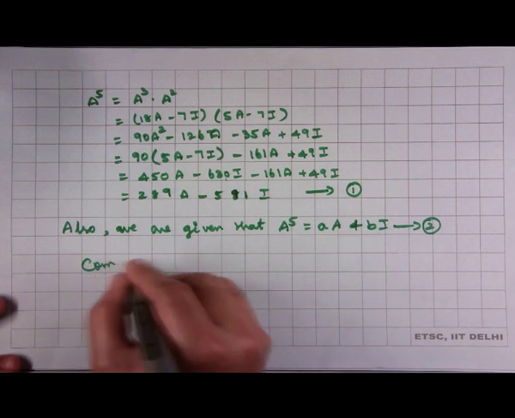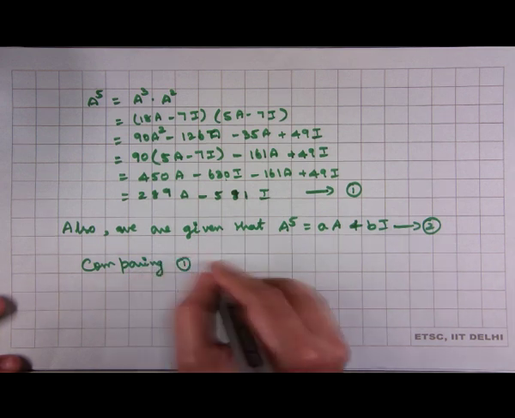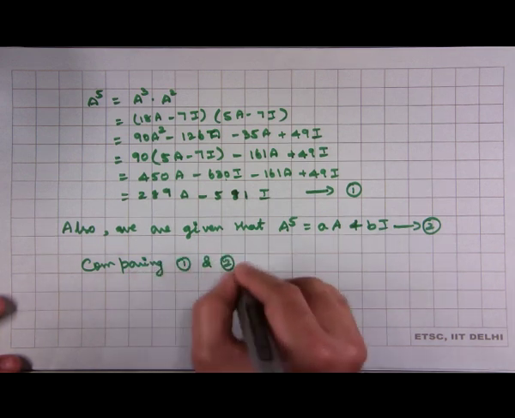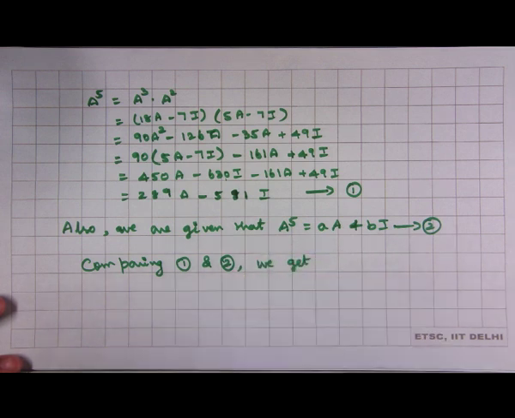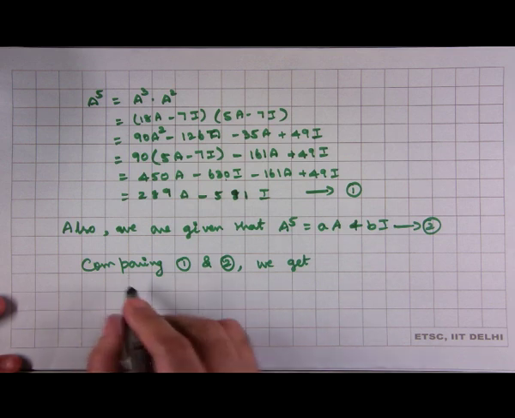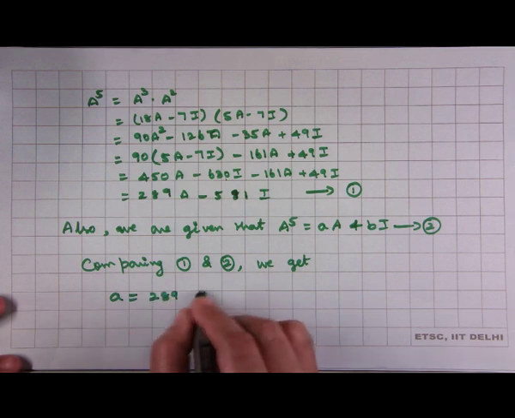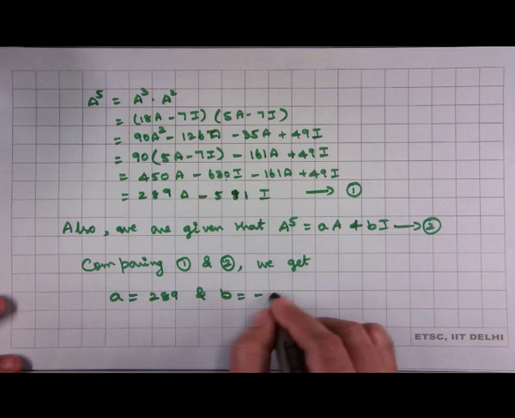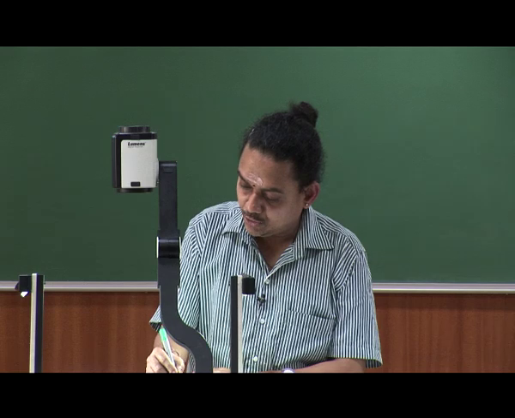Comparing 1 and 2, we get small a equal to 289 and small b equal to minus 581. Let us do the next one.